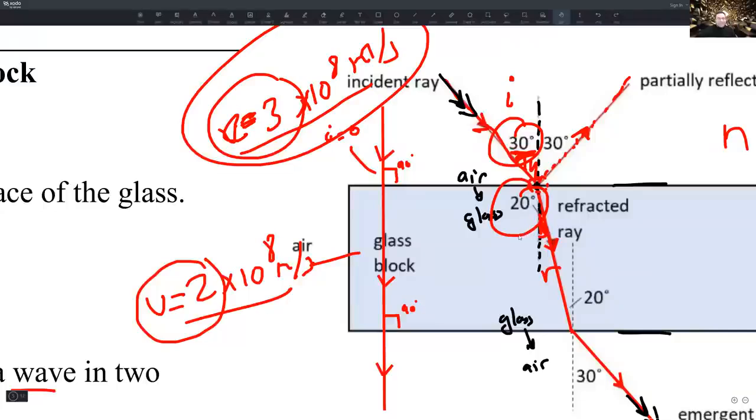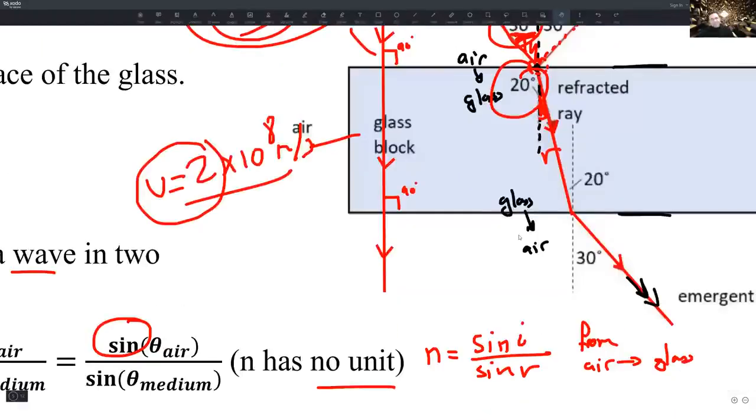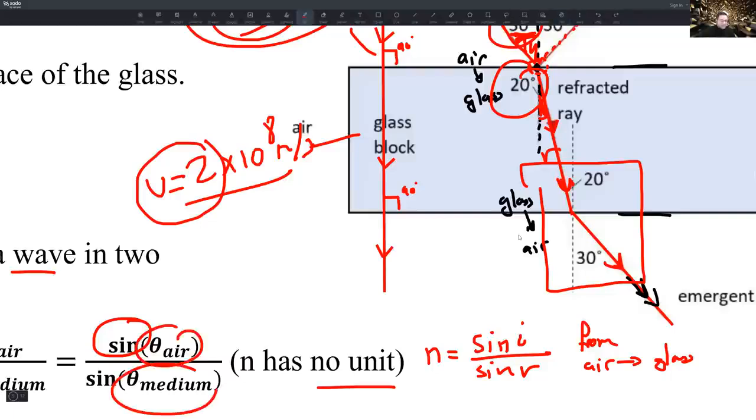That doesn't work if the light is traveling from glass to air. Here the I is 20 because that's the incident ray, the one that hits. Here the R is 30. But that will give you a wrong answer for n. It won't be 1.5, it will be 0.667. So I prefer to say air over glass, period.